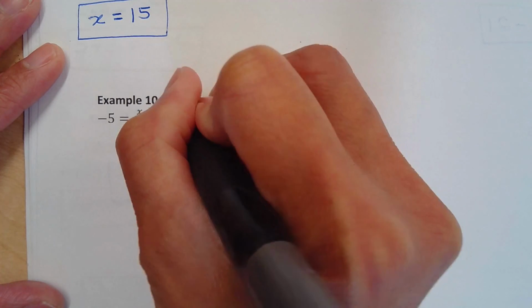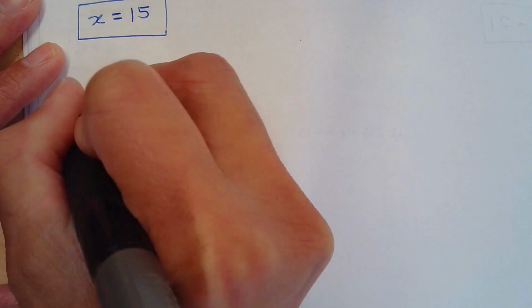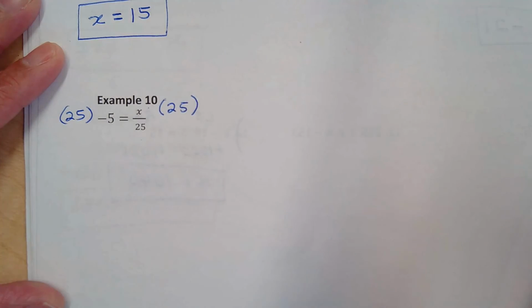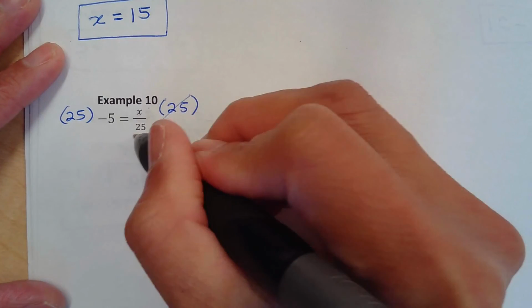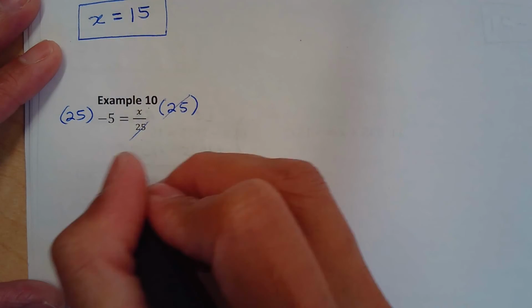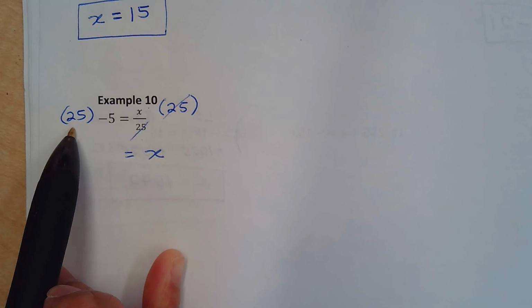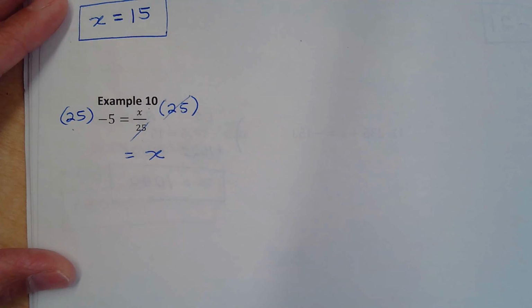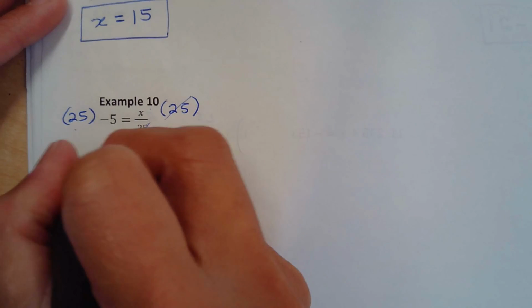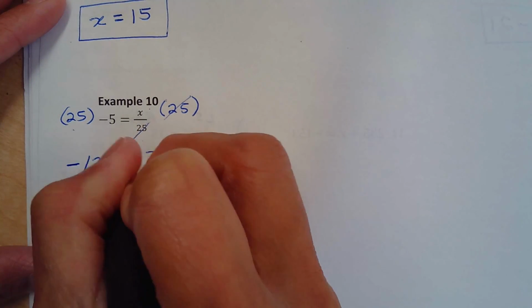Multiply by 25. So I'm going to multiply by 25 on both sides. These 25s cancel each other out on the right side. And on the left, it's going to be 25 times negative 5, which is negative 125.